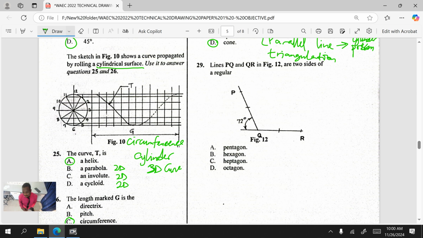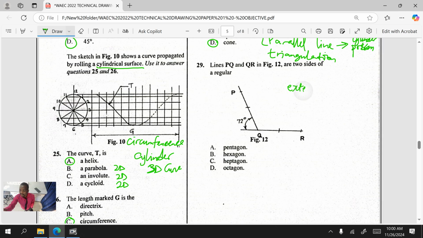Is it an internal angle or external angle? It is an external angle. So we are given the external angle of that polygon to be 72 degrees. What's the formula for finding the external angle of a polygon? 360 degrees over n.